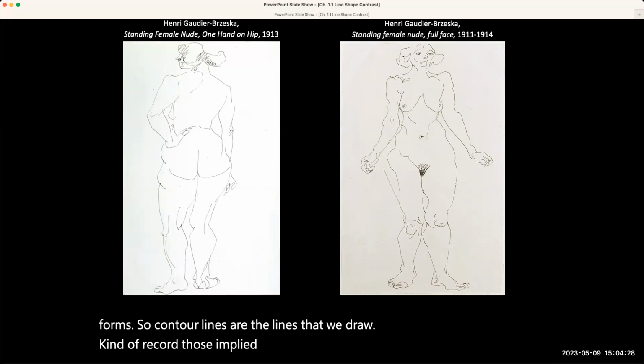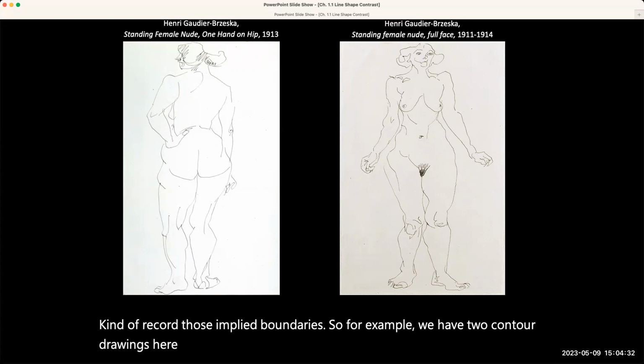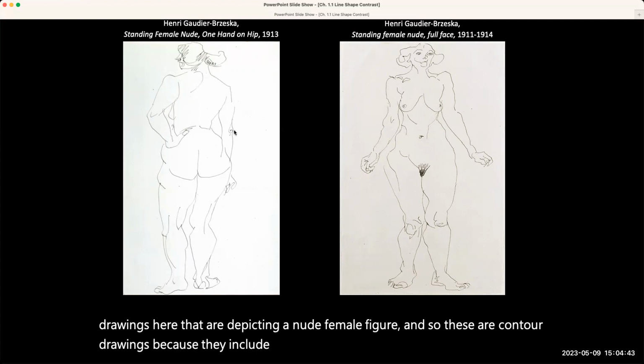So contour lines are the lines that we draw to kind of record those implied boundaries. So for example, we have two contour drawings here that are depicting a nude female figure. And so these are contour drawings because they include exterior lines and interior lines for details.